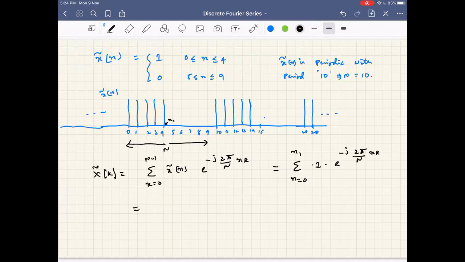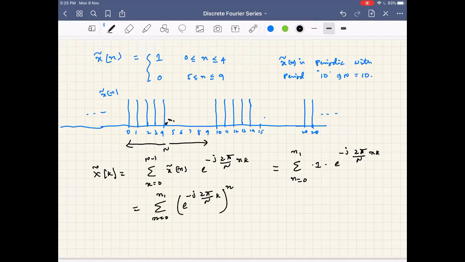While simplifying, we can use the geometric progression here, because this can be written as the sum for n equal to 0 to n1 of e power minus j 2 pi by N into k, whole power n, because n keeps increasing by 1.